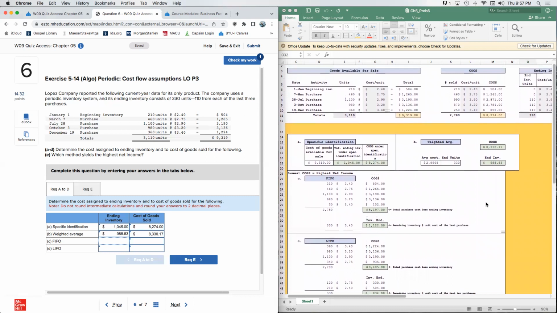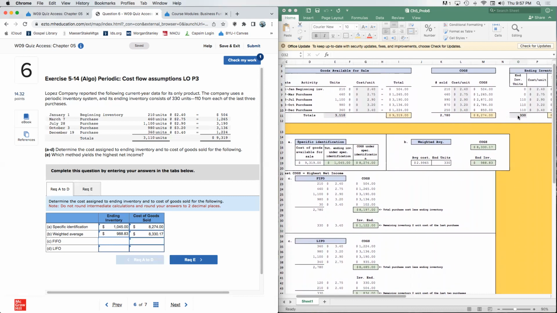So to do the first in, first out, we need to know our inventory ending cost, and so we know we have 333 units again. And since we know it's first in, first out, we know that a bunch of goods were sold throughout the year.